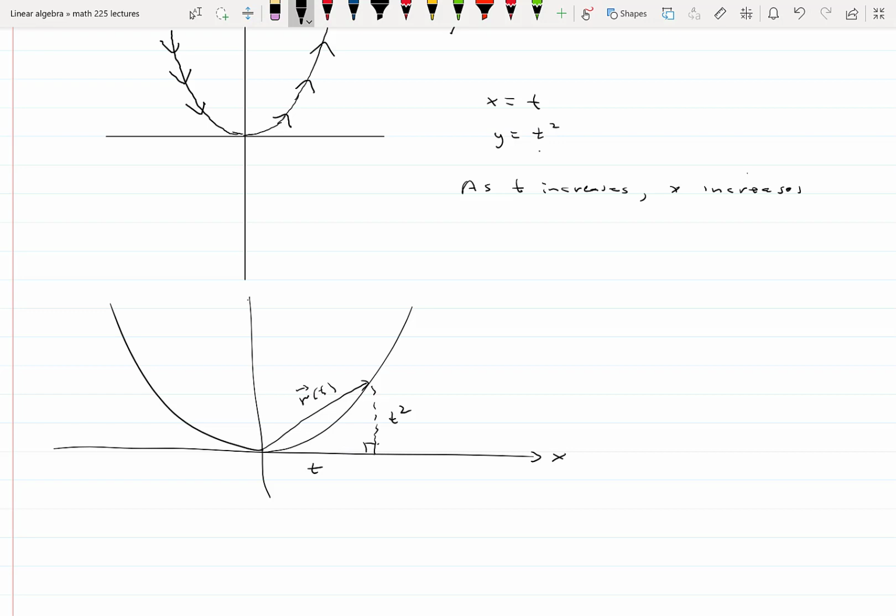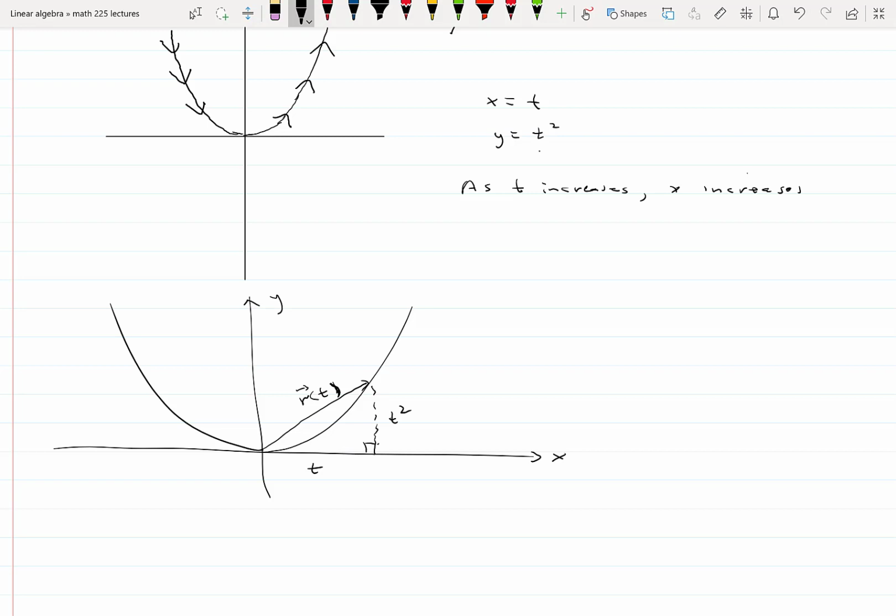Why? Because x equals t and y equals t squared. I drew this last picture just to emphasize to you that vector functions are considered graphs that are traced by shooting position vectors out of the origin. Ultimately, r of t, the position vector, shoots out from the origin.